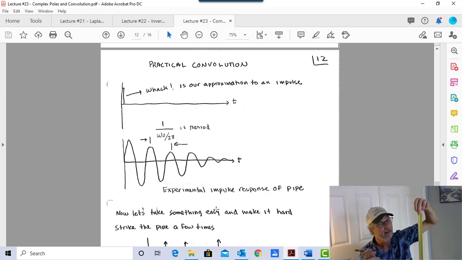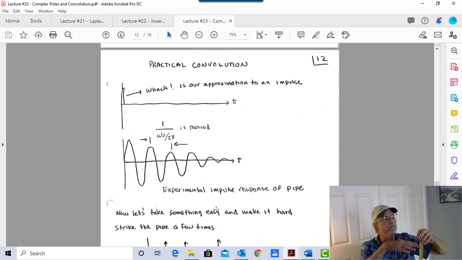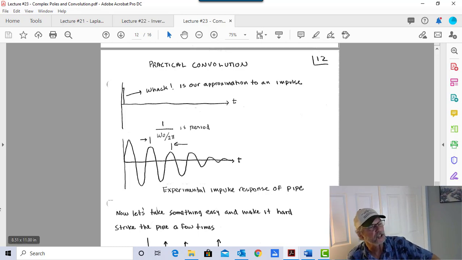Ding! Hit it gently. Ding! What's happening? The omega naught is the natural frequency of the system. By the way, it's also the resonant frequency of the system. And how hard I hit it? Ding! Ding! Those are my A2s and A1s that I get in chapter 8 with my initial and final conditions.